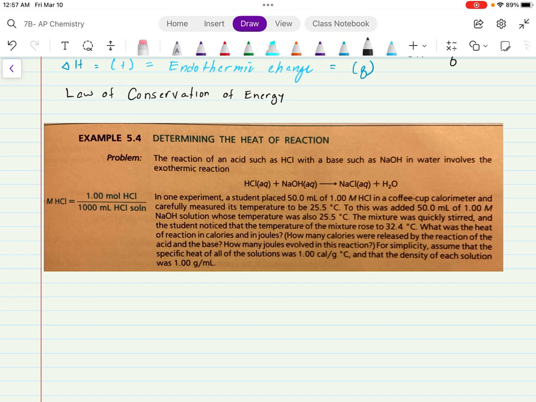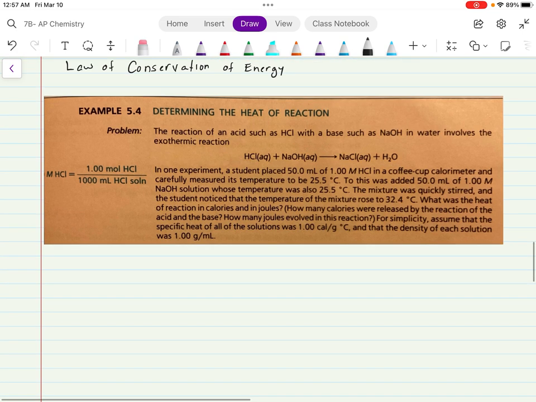We have a chemical reaction happening between hydrochloric acid and sodium hydroxide. A student places 50 mLs of 1 molar HCl into a coffee cup calorimeter. Now, this is a very simple experiment, okay?